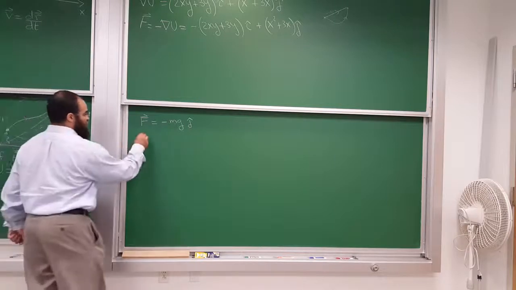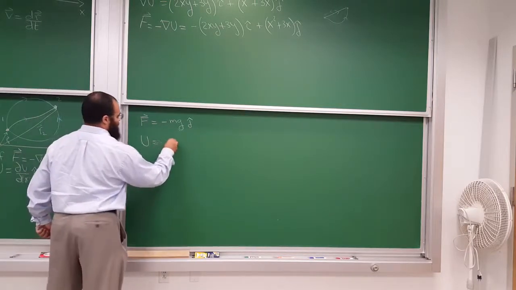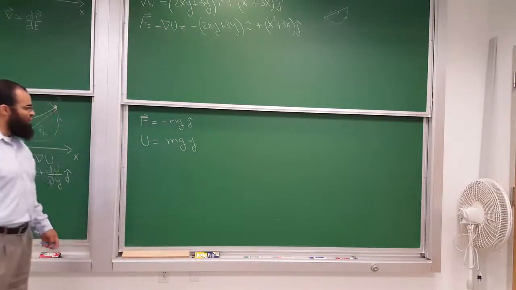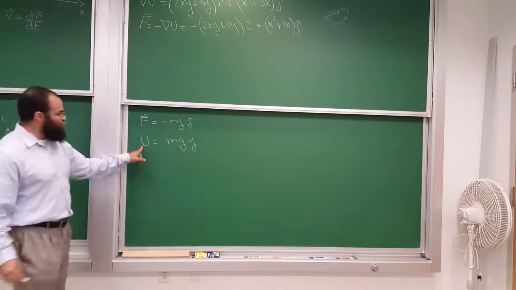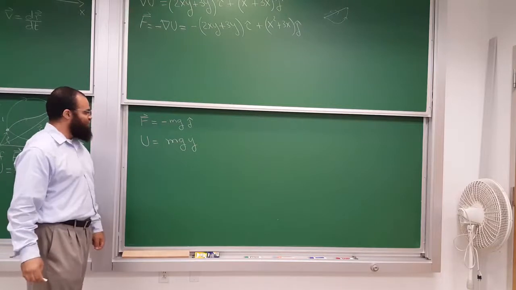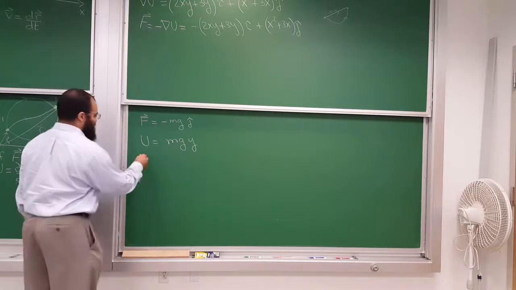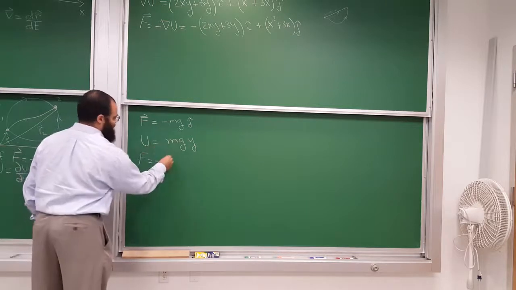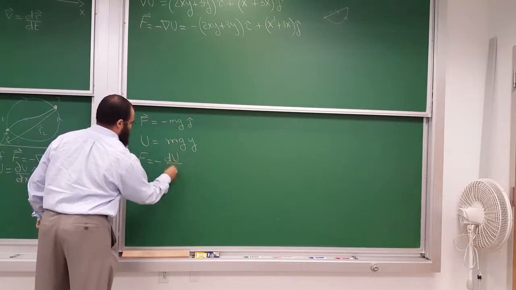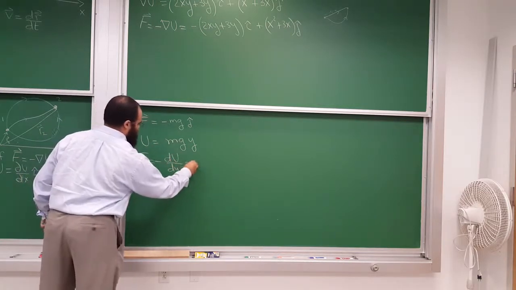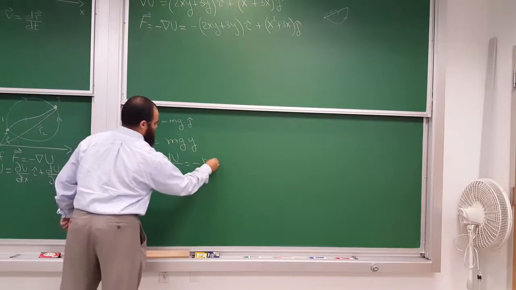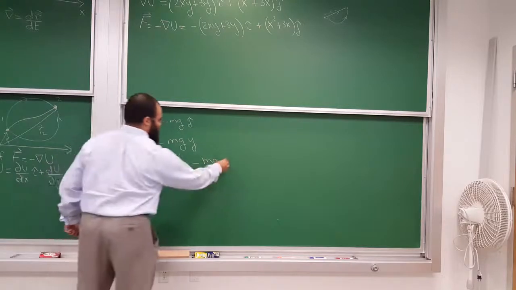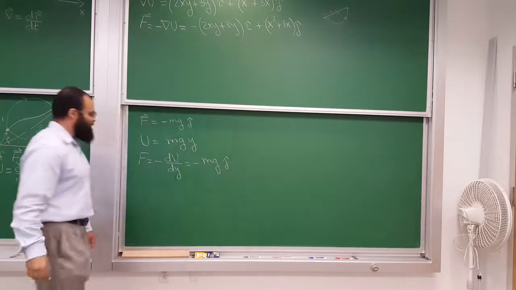That function is u equals mgy. Why? Because take the derivative of u with respect to y. The force is minus du/dy, since I don't have x, and so it's negative mg, in the y direction because I'm taking the derivative with respect to y.